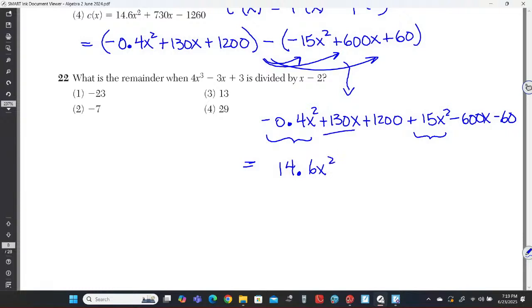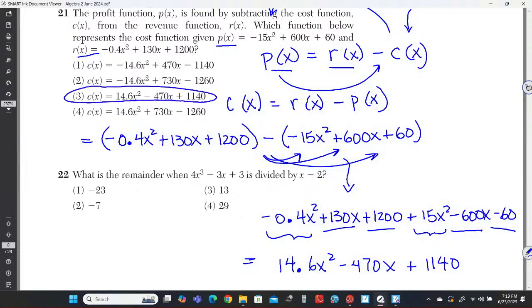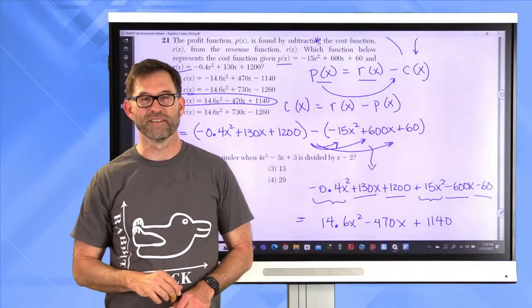I have 130x minus 600x, which gives me negative 470x. And then I have 1200 minus 60, which gives me positive 1140. I know that I stole a lot of room from 22, but that's okay. So 14.6x squared minus 470x plus 1140, and that's choice 3, and we're back in business.